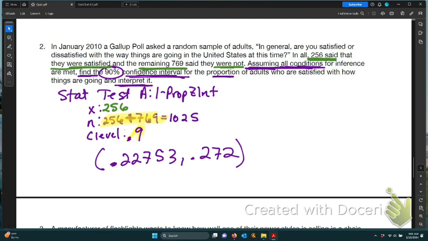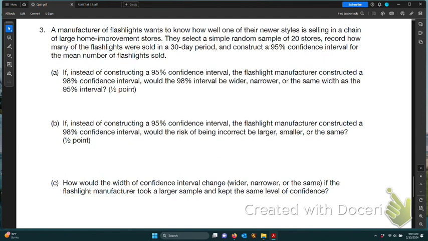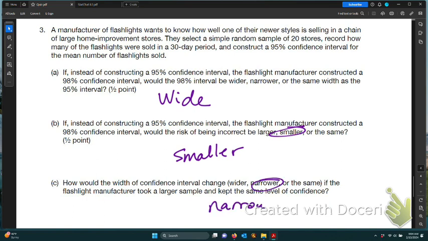Let's see. I think that is almost it. Okay. So A, if you need the answers here, the answer was it would get wider. So if I go from 95 to 98, it gets wider. B, it would be a smaller risk of being wrong. C, it gets narrower. Some of you said decreases.